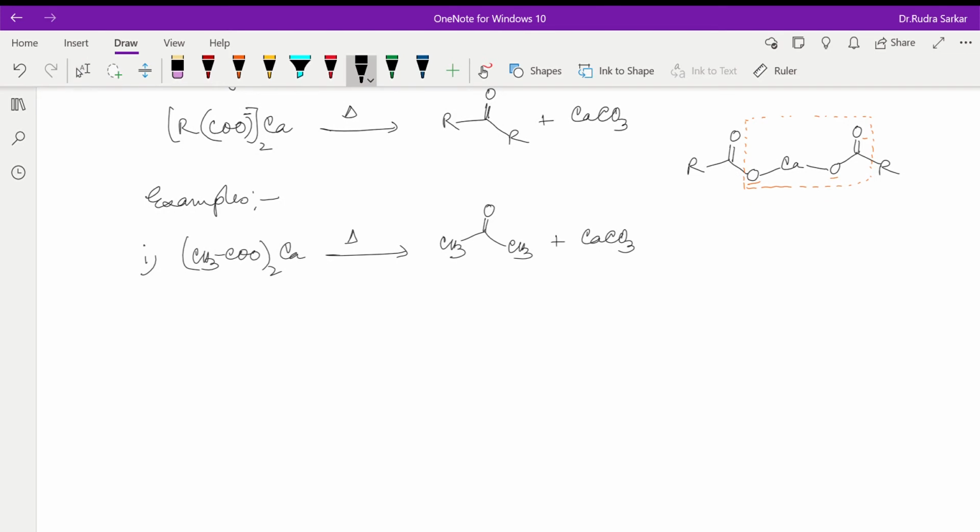Again, let's do another one. What is your R? This particular unit is your R over here, okay? An isopropyl group. So again, your answer would be what? And I will have CaCO3.